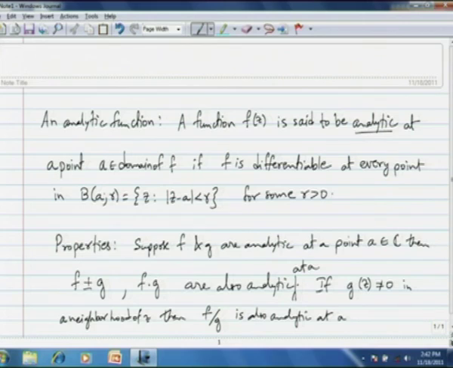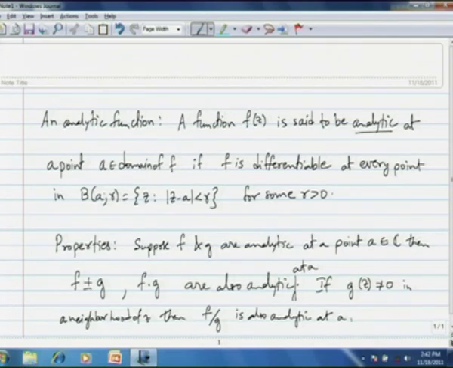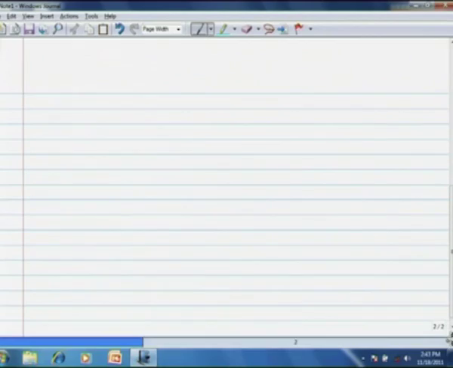So, these functions are analytic at a, and f by g is also analytic at a provided g of z is not equal to 0. This is useful to construct examples of analytic functions once you know some analytic functions. We can add two analytic functions and obtain a new analytic function, etc.